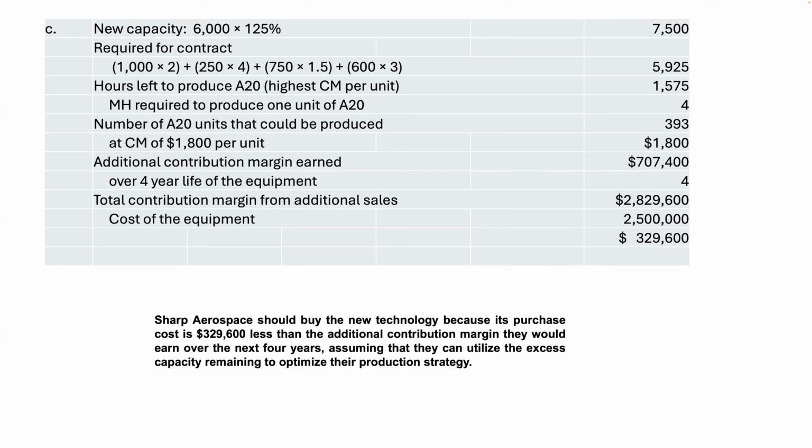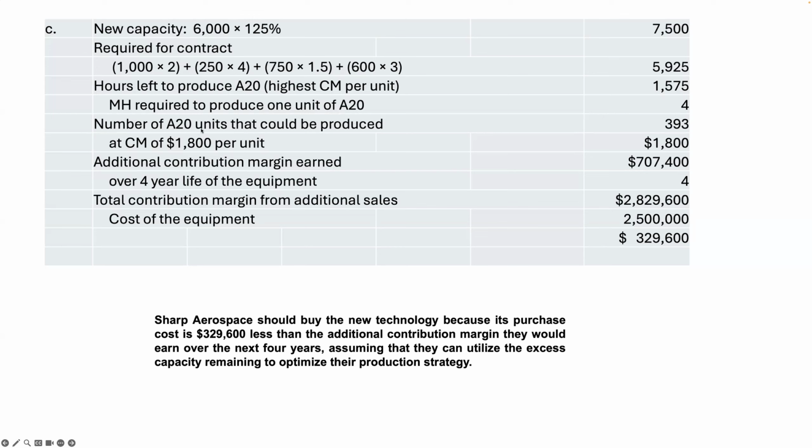Okay, so if I need to use that machine hours, if I need to produce any of the 4 components, I will produce the one with the highest contribution margin per machine hour, which is 820. For each unit of 820, they require 4 machine hours. So I use total machine hours divided by 4.